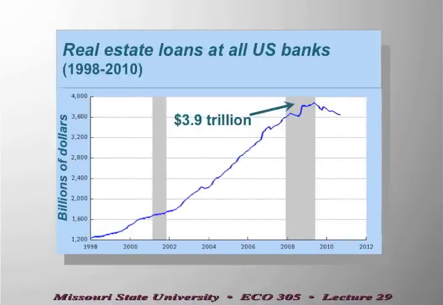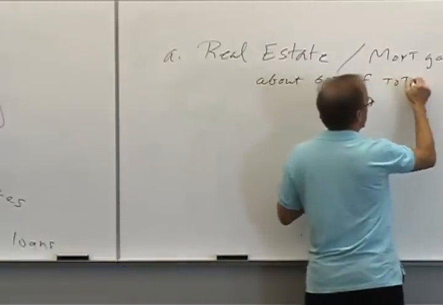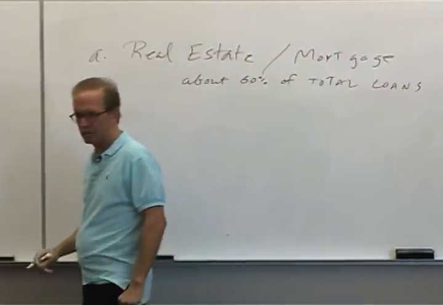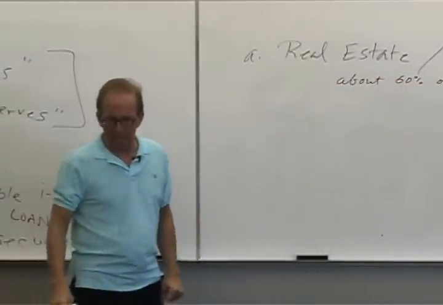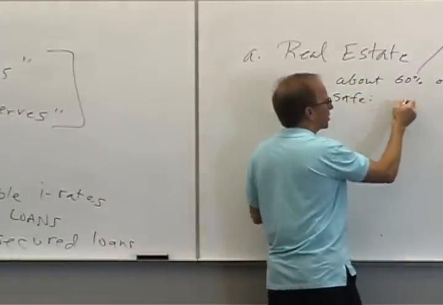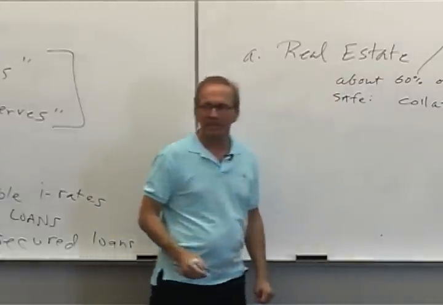Okay? This is about, and it changes from year to year, but about 60% of total loans. Ballpark figure. Okay? These are very safe. There's collateral, and that makes them safe.